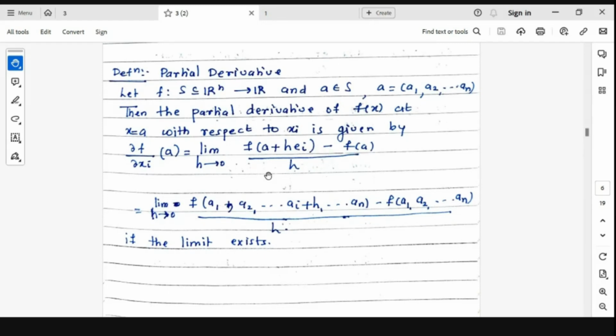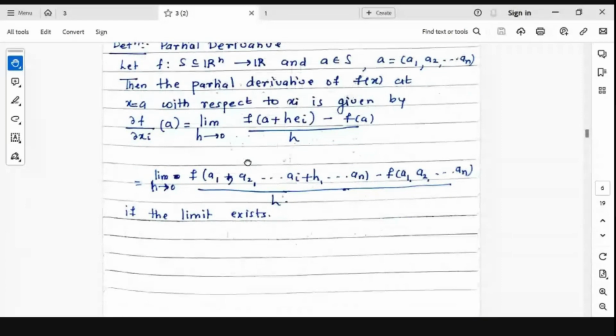Now, if I evaluate this f(a plus h ei), this is nothing but the vector (a1, a2, ..., ai plus h, ..., an) minus f(a1, a2, ..., an), divided by h. So this will be the partial derivative of the function f with respect to xi at the point a, provided the limit exists.